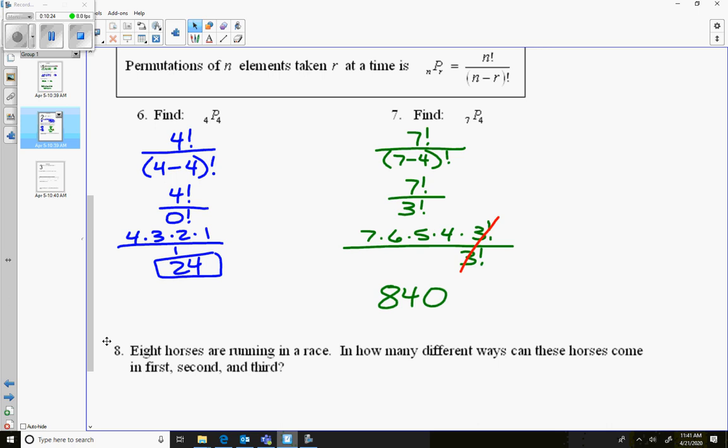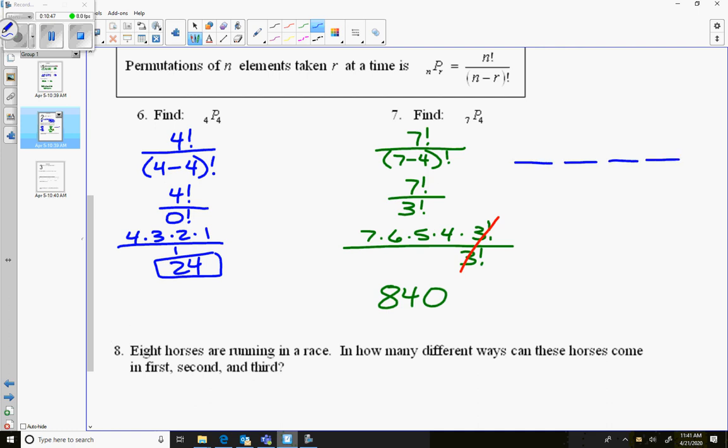Now just to pause on this, I don't want you doing this, but just to go back to our previous stuff for this particular problem. Think of it like the previous problem: there are 7 cans, but we only want to put 4 of them on the shelf. Well, if we're only putting 4 of them on the shelf, then there would only be 4 blanks.